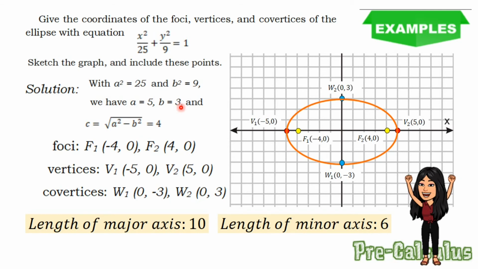For us to check, you can go back to your graph and then count. So, we will be having 1, 2, 3, 4, 5, 6, 7, 8, 9, 10 units. This is our major axis, and 1, 2, 3, 4, 5, 6 units for our minor axis.